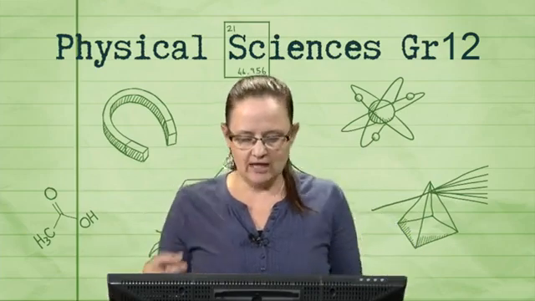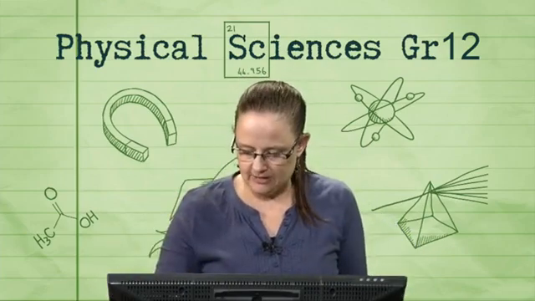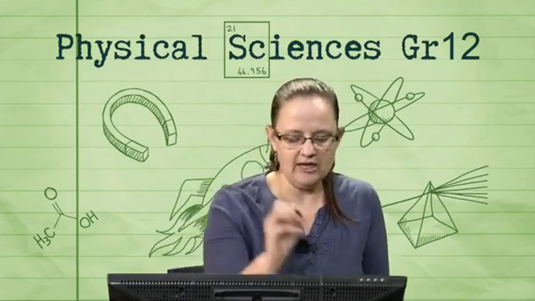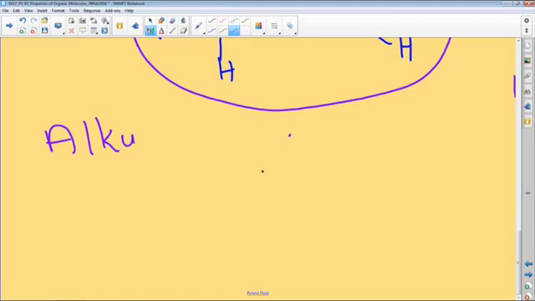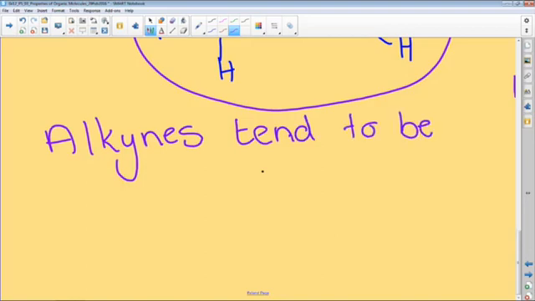So between the alkene and the alkyne, in our explanation, and this is where you need to pay attention to what I'm doing, we're going to say the alkynes tend to be more polar. Why? Due to the triple bond.